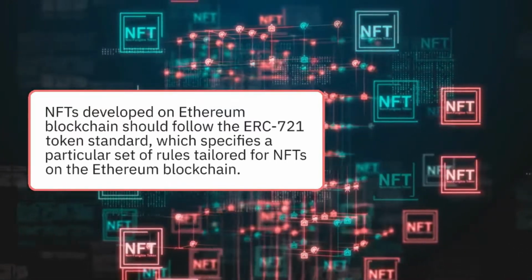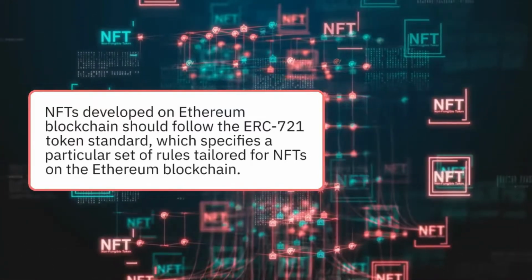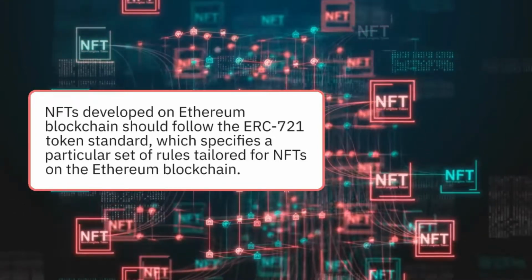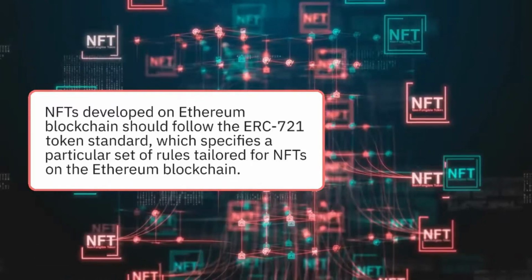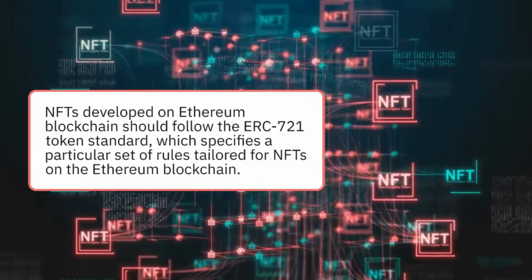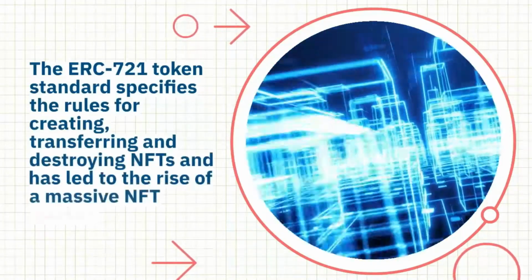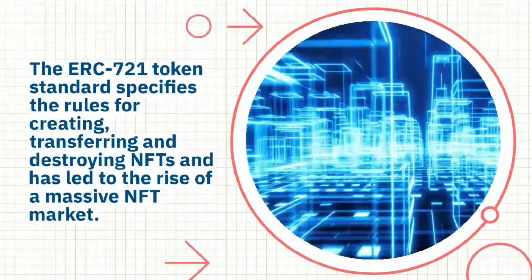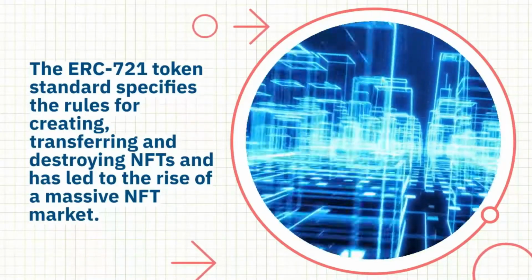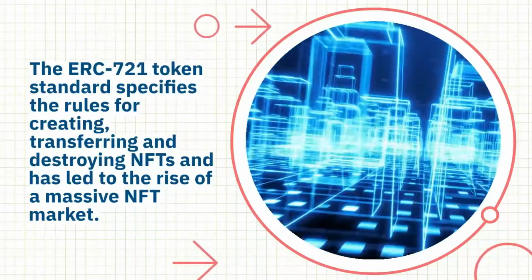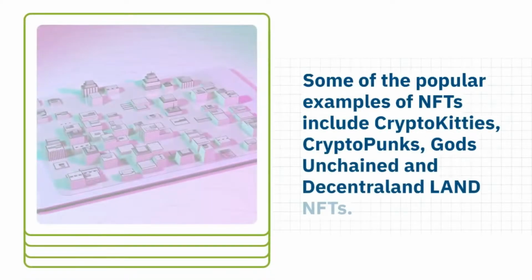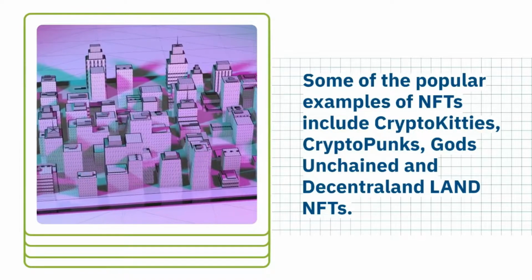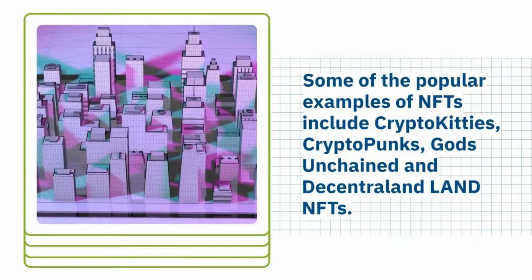NFTs developed on Ethereum blockchain should follow the ERC 721 token standard, which specifies a particular set of rules tailored for NFTs on the Ethereum blockchain. The ERC 721 token standard specifies the rules for creating, transferring and destroying NFTs and has led to the rise of a massive NFT market. Some of the popular examples of NFTs include CryptoKitties, CryptoPunks, Gods Unchained and Decentraland Land NFTs.